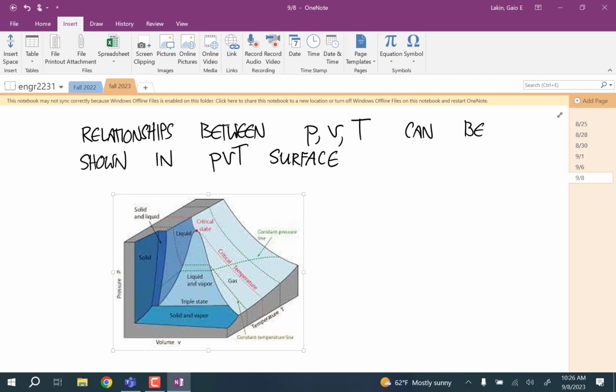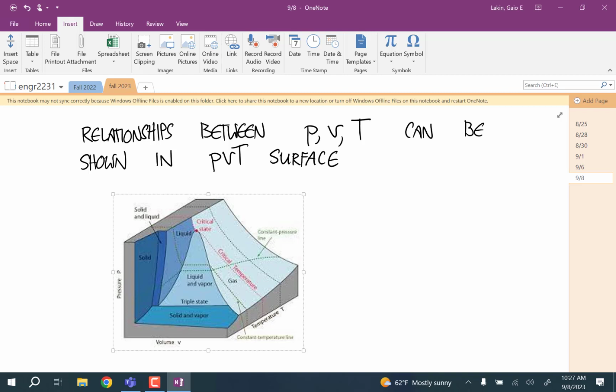In this class, solid is not going to be very important to us, and I'll talk about why, but this phase change between liquid and gas is a super valuable range of properties for power cycles and refrigeration cycles. We'll talk about why that is.